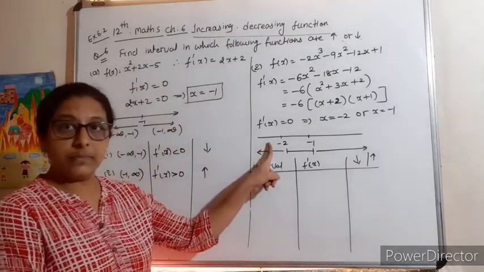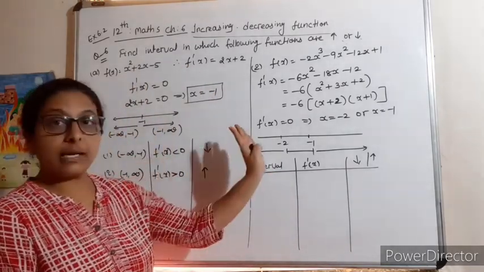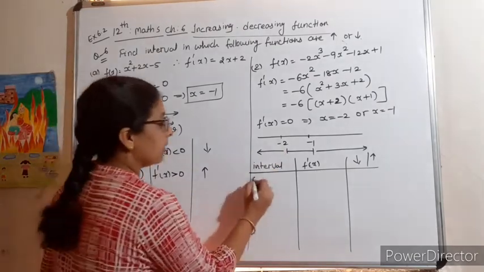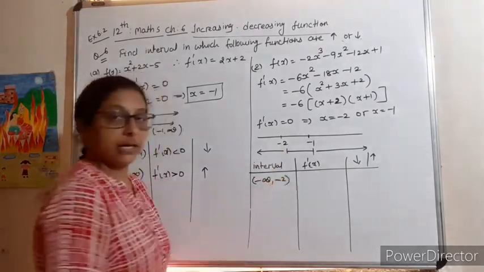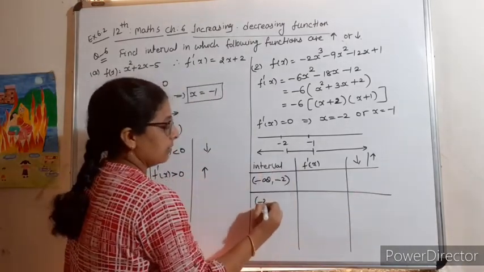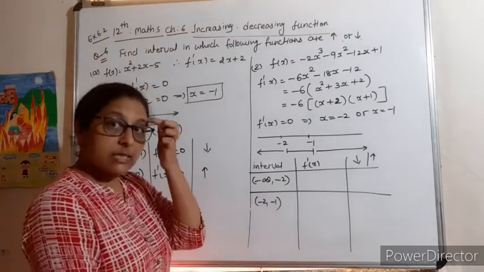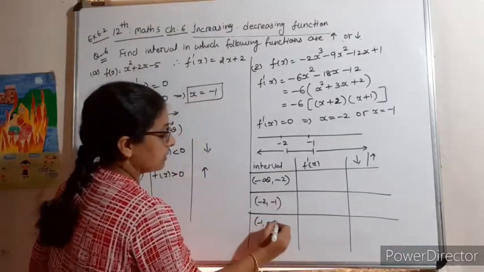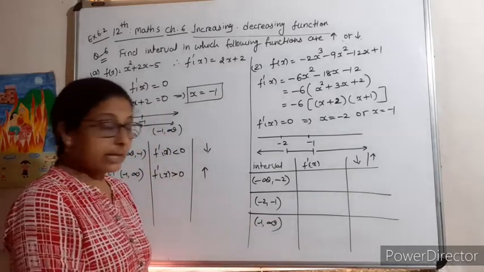Can you see here? It's from minus infinity to -2. It is an open interval. Keep in mind. Minus infinity to -2. Then second is -2 to -1. And the third interval is -1 to infinity. Right? Okay.